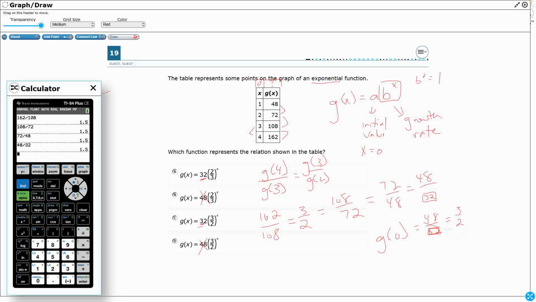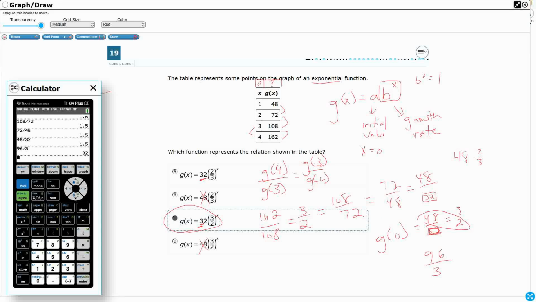We could do some cross multiplication here: take 96 and divide that by 3, and that would get us our initial term. Or you can take your 48 and multiply it by the inverse. Instead of dividing by 3 halves, you can multiply by 2 thirds, which ends up being exactly what we just did, 96 divided by 3. Either way, there are multiple ways to get 32 if you didn't have any answers to choose from. But our answer here is going to be C.